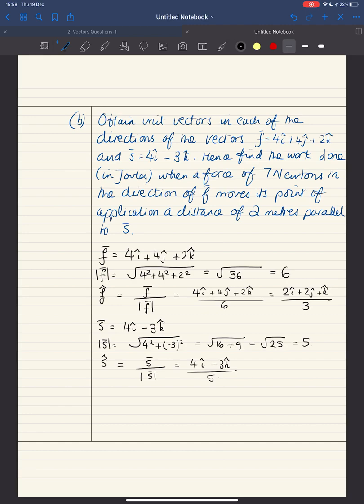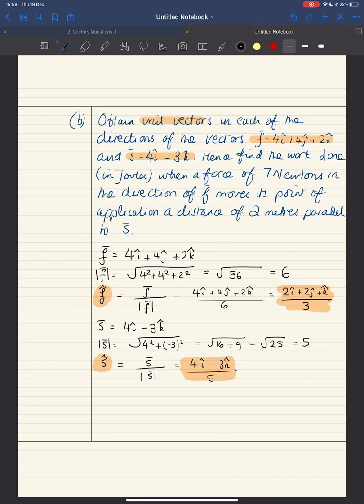Okay, so that means that I've done the unit vectors for F and S, that's the unit vector for F and the unit vector for S. Right, so hence find the work done in joules.